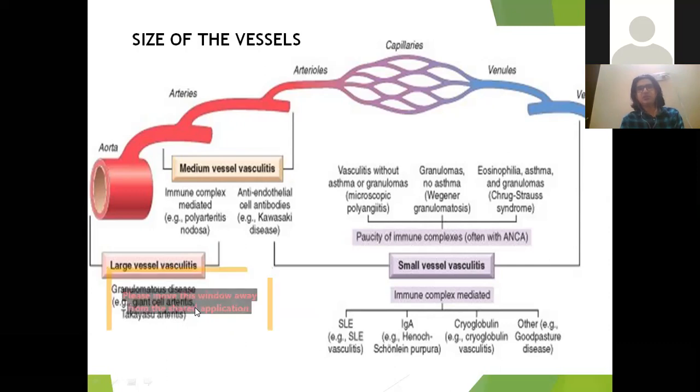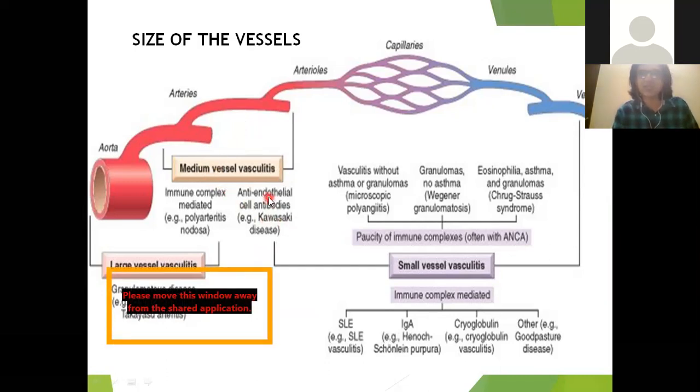So these two vasculitides are classified under the category of large vessel vasculitis. Then we have medium vessel vasculitis, and here again we have two diseases. One is polyarteritis nodosa, and the second one is Kawasaki disease.